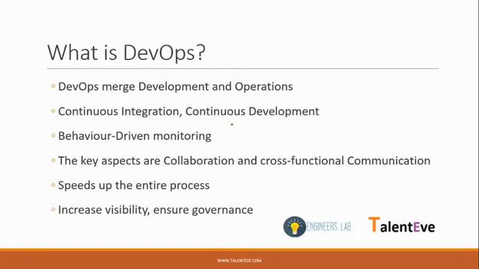Now to achieve this, one of the important points is that you must have good collaboration and good cross-functional communication. If you see these two terms, collaboration and cross-functional communication, you can clearly say that if you want to communicate between these many guys, you can assume the tools that can be used in the background to bring all these guys together. So here the automation tools play a major role, and DevOps definitely speeds up the entire process, as we have been saying. And the major advantage is that you increase the visibility.